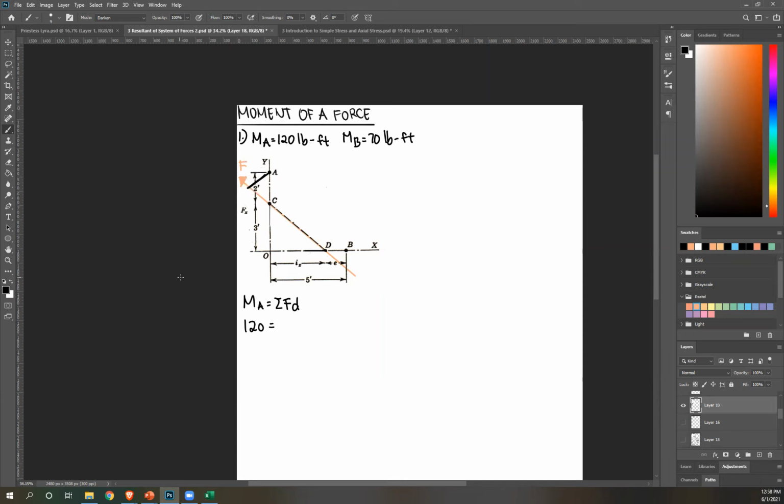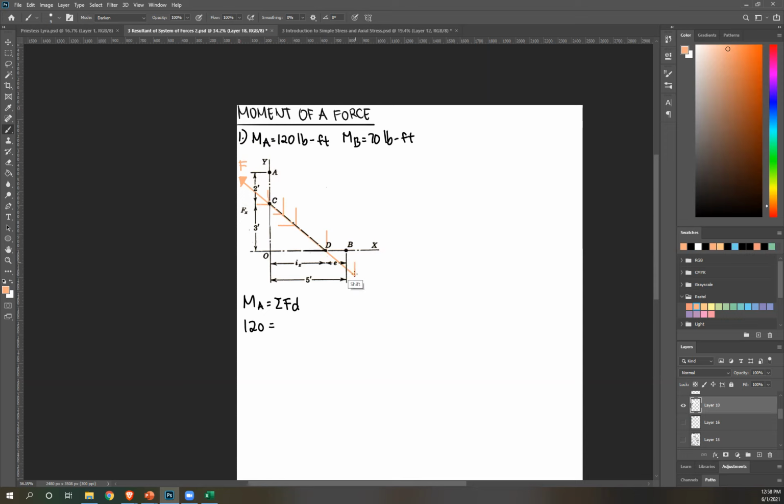So instead of doing that, we're going to use Varignon's theorem, which is dividing your force into its x and y components. Now, one thing about components is you can place them anywhere along the line of action of your force. For example, here, this is my force. I can put my components anywhere, here, here, here, or even here.